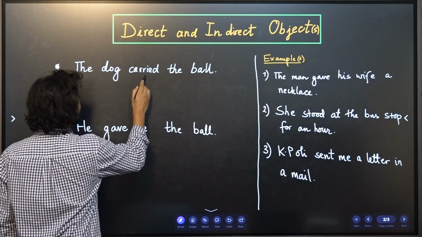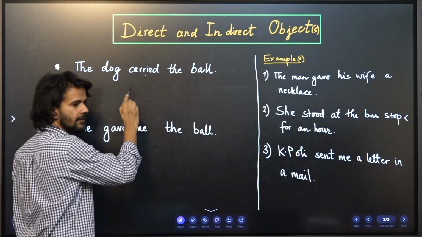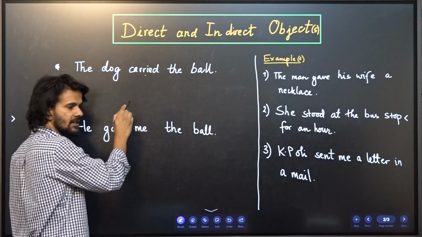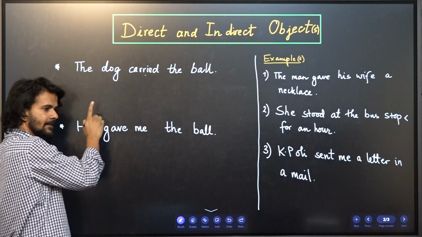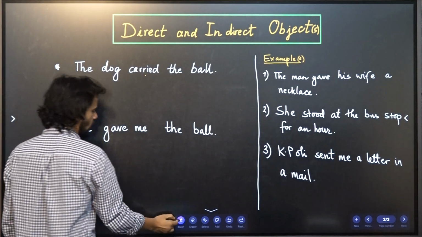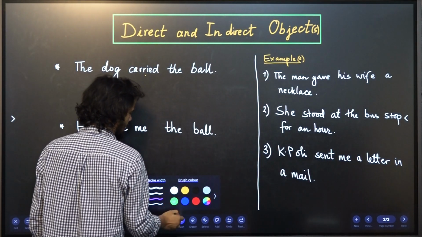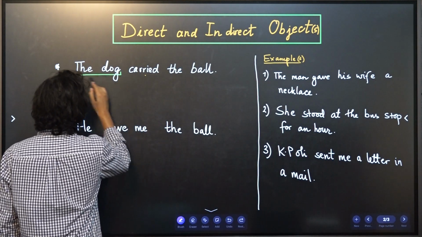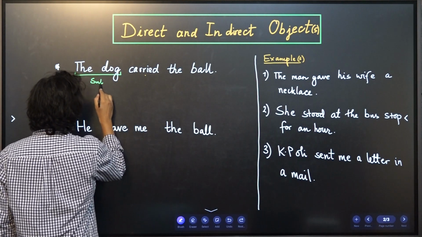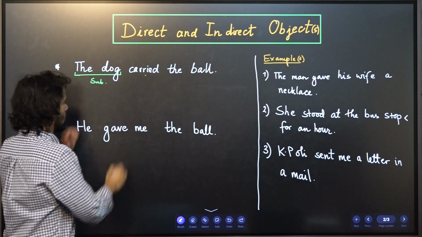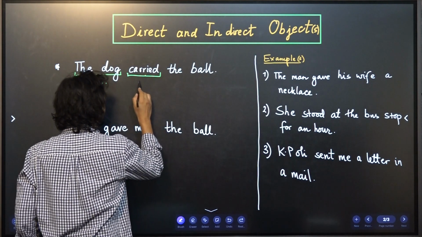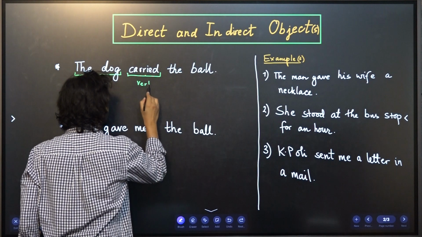The dog carried. Carried is the verb, the action is carried. Who carried? The dog. Therefore dog is the subject. What's the action? Carried, so this is the verb.